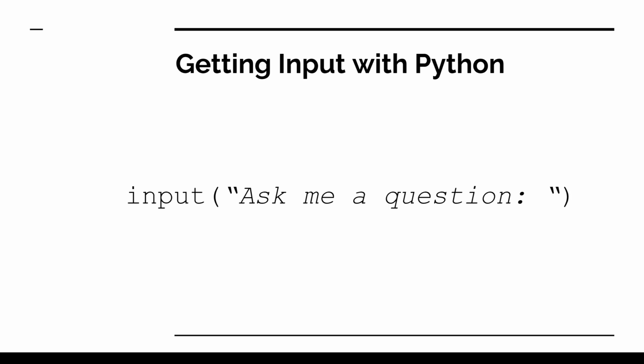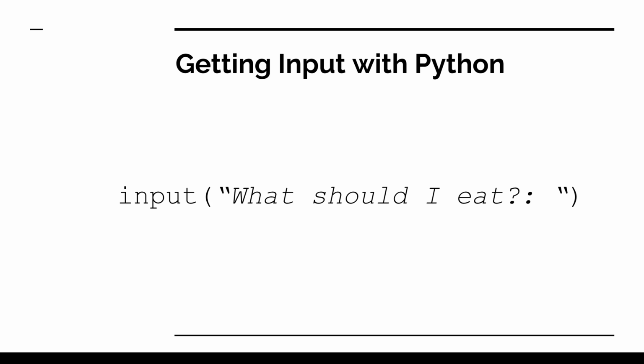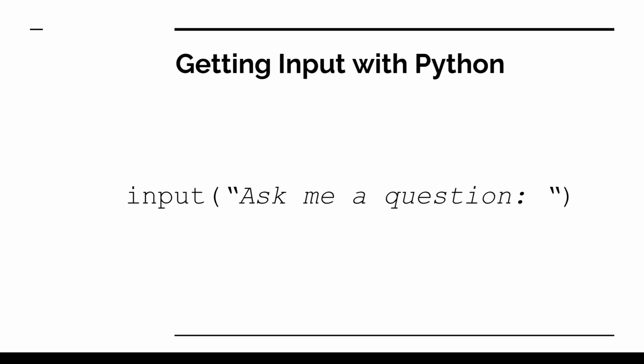Another example would be like, ask me a question. Or what should I eat? These are questions that we actually interact with on computers all the time. Like Google, we often are asking Google questions, even though we don't phrase them as English questions. We're really asking Google to look something up, and we're often phrasing it in a way that it's kind of like a question.